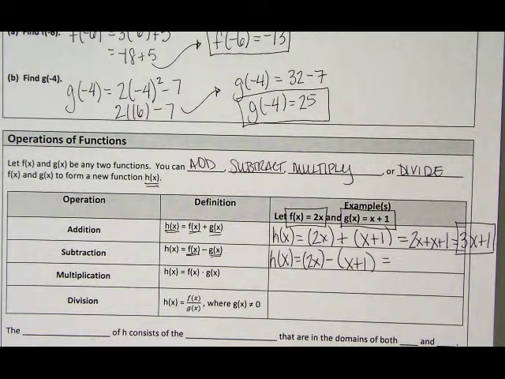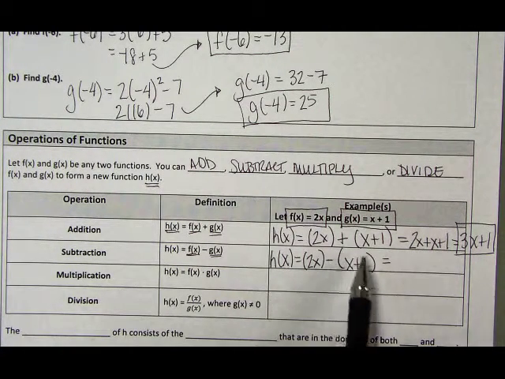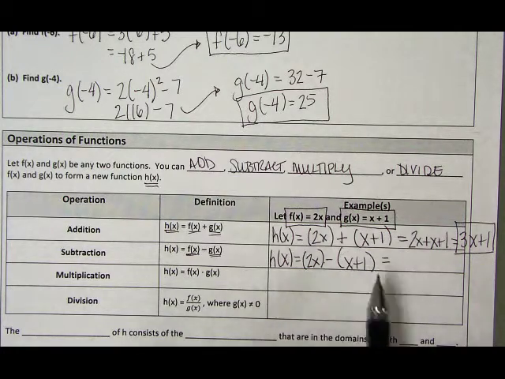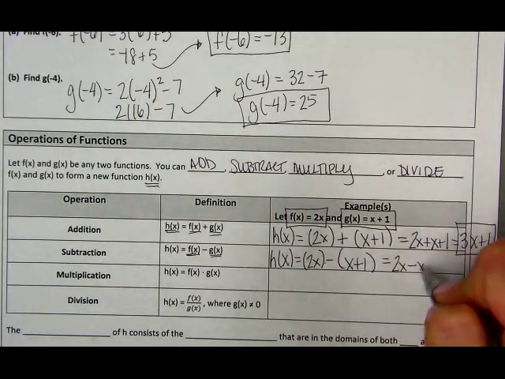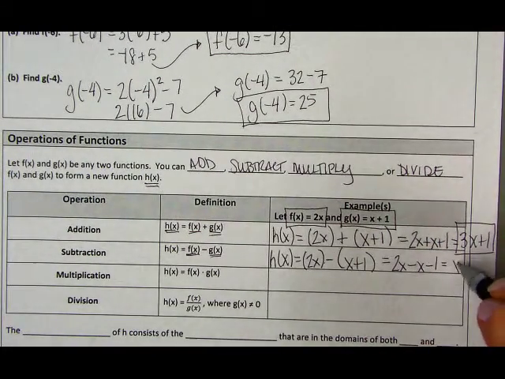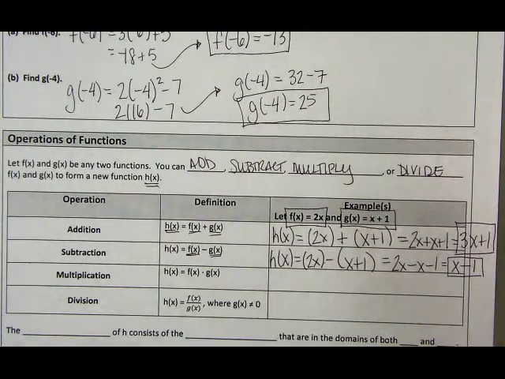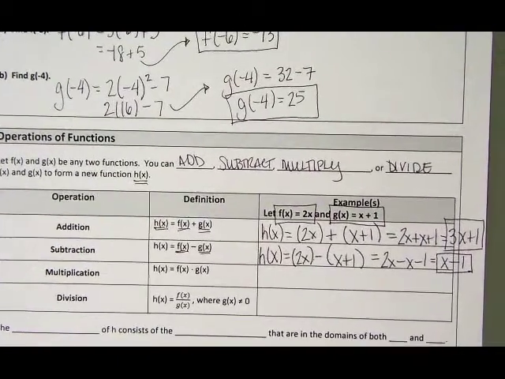Now, just like we talked about in the past, you have a negative out in front of this whole group, and you have to distribute the negative to both of the parts in your parentheses for your second grouping. So if I rewrite this, I get 2x minus x minus 1, and 2x minus x is just x, or 1x, minus 1, and that's my final answer for the subtraction. I can't get any smaller than that. So that's my new function.